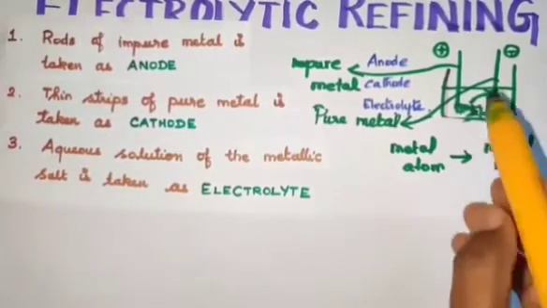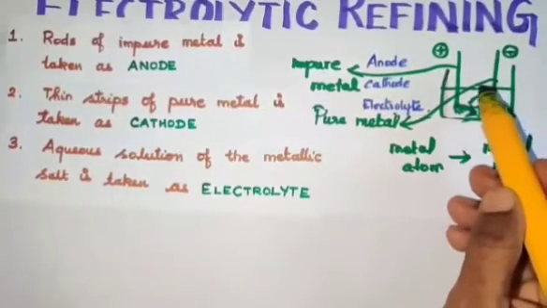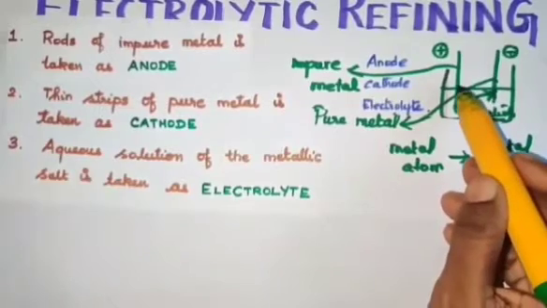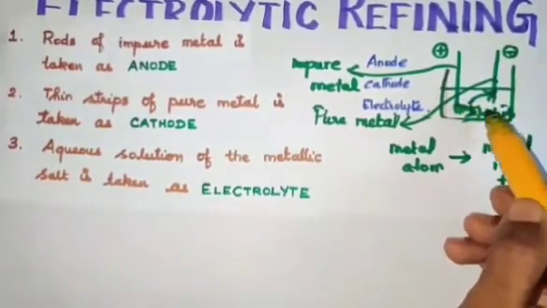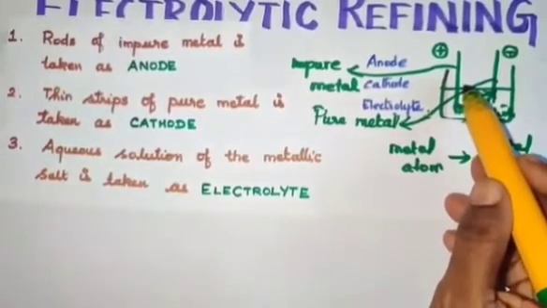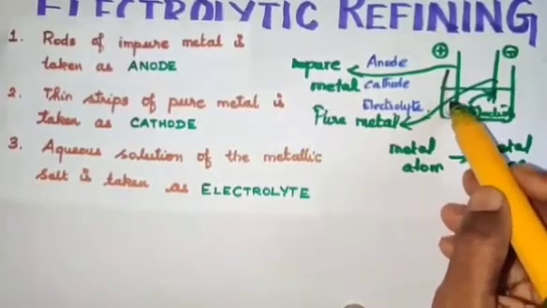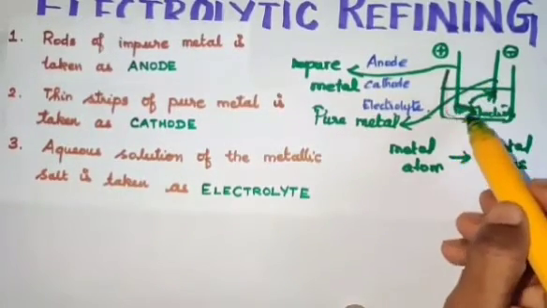What is remaining in the anode? Impurities. Those impurities settle at the bottom of the anode because they don't have any charge. They simply settle down at the bottom as mud.